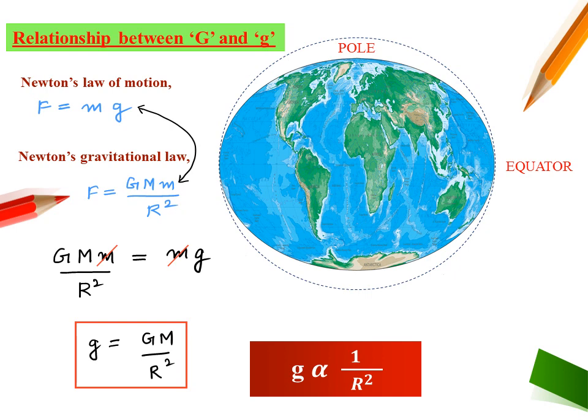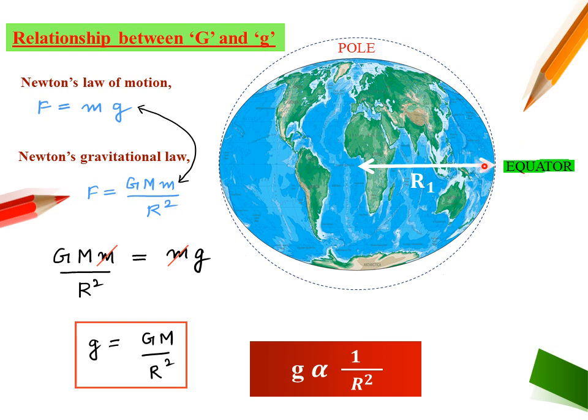So now let us see how the acceleration due to gravity varies on the surface of Earth. That is, the acceleration due to gravity does not remain constant on the Earth's surface. The value of g varies from place to place. When we have an object or a body at the equator, on the surface near the equator, the distance r1 is the distance between the center of Earth and the object.